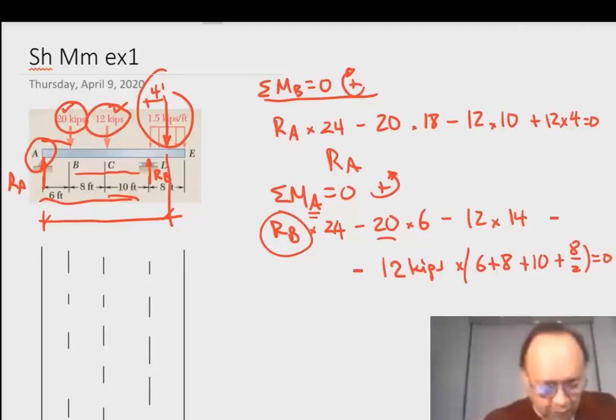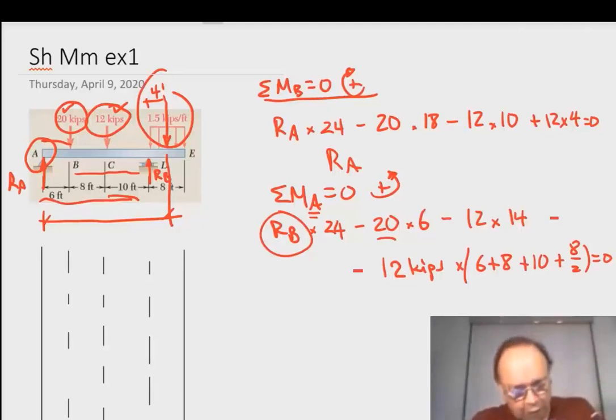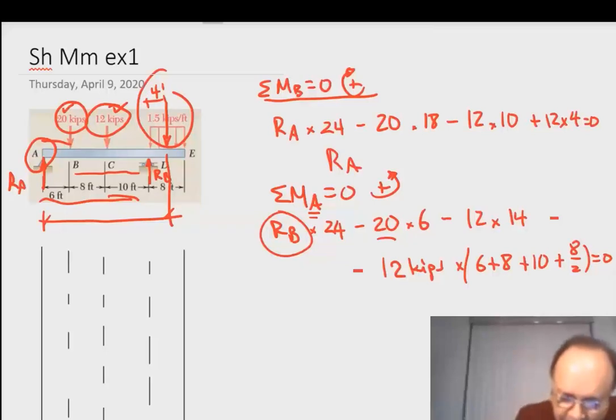Summation of moments about point A, summation of moments about point D, and you have to calculate all the moments from all the forces. Clear? Got it? Question: once you get RA, can't you just do all the negatives and all the positives? Yes, you can do that too. If somebody does that operation, you can do it.